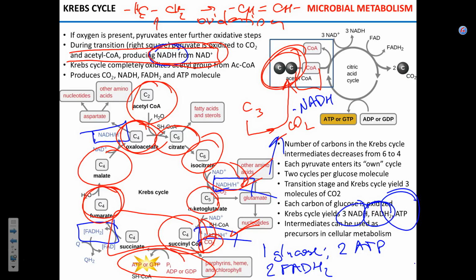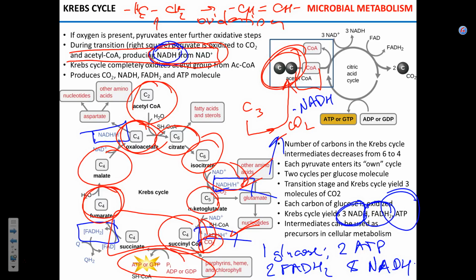And considering the transition step, how many NADH? 8 NADH. Does that math make sense to you? 3 in Krebs, 1 in transition step, 4 multiplied by 2 Krebs cycles, you get 8 NADH molecules. Does that make sense? Awesome.